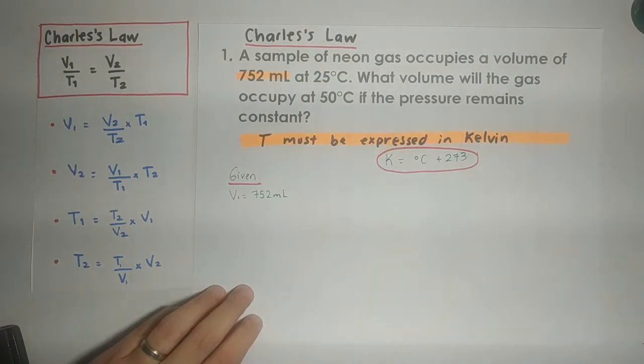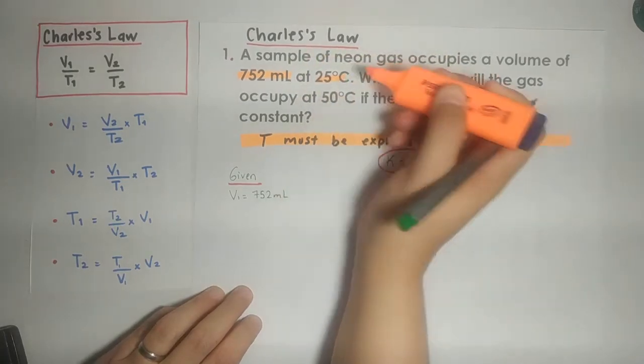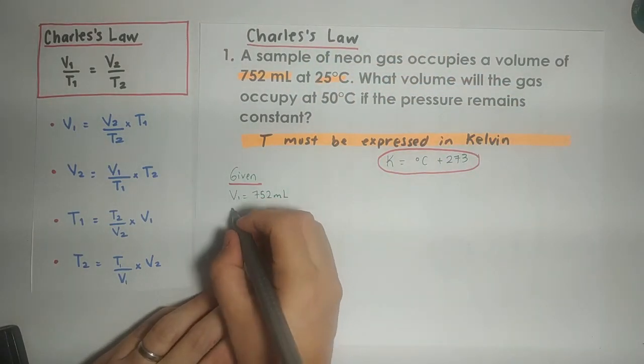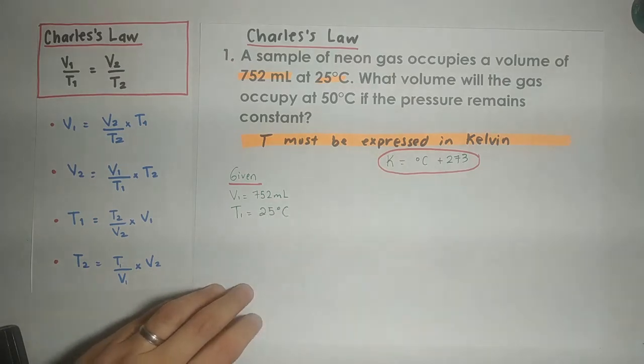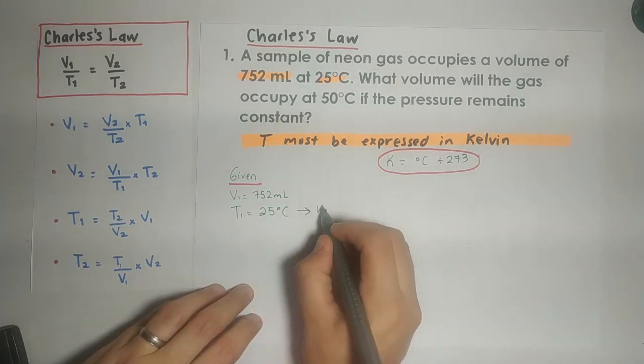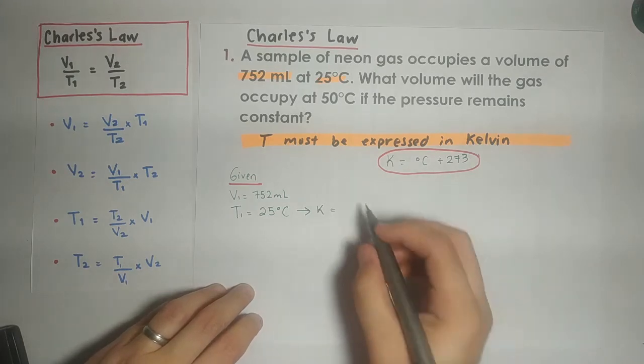And it says an initial condition also for temperature. So we need to find temperature 1, which equals 25 Celsius degrees, so we need to convert to Kelvin. How? By using the formula.